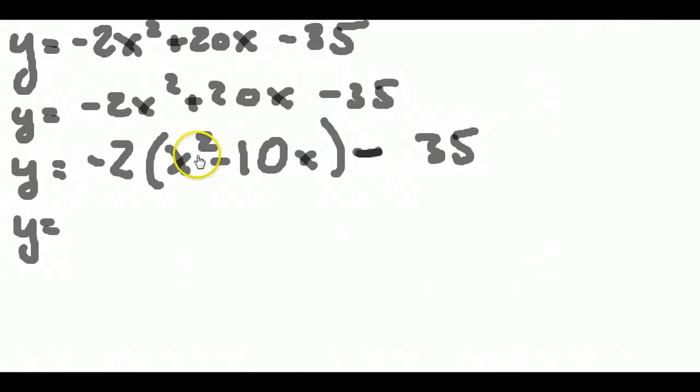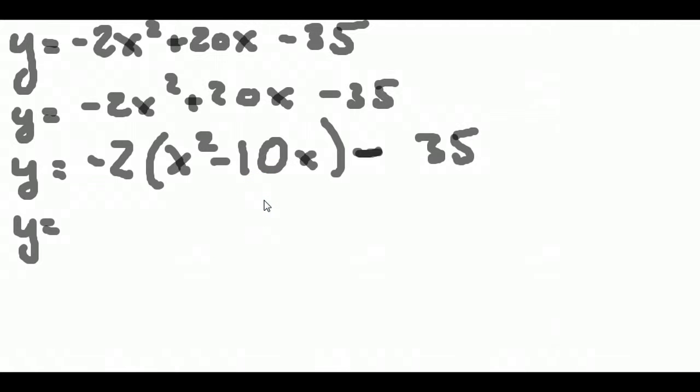So now let's look at this x squared minus 10x. We have to complete the square for that. So remember, take half of each term and add it. So half of the b term is what?